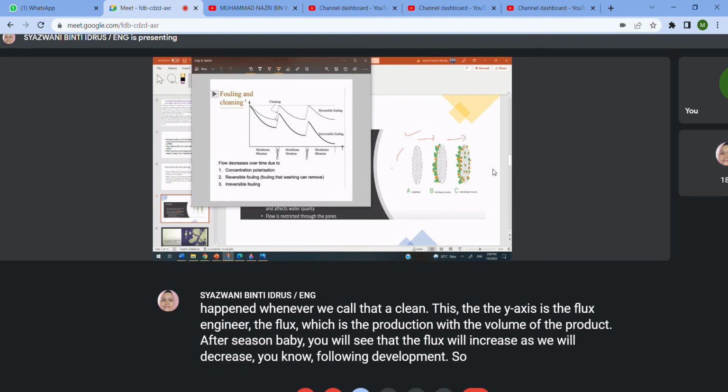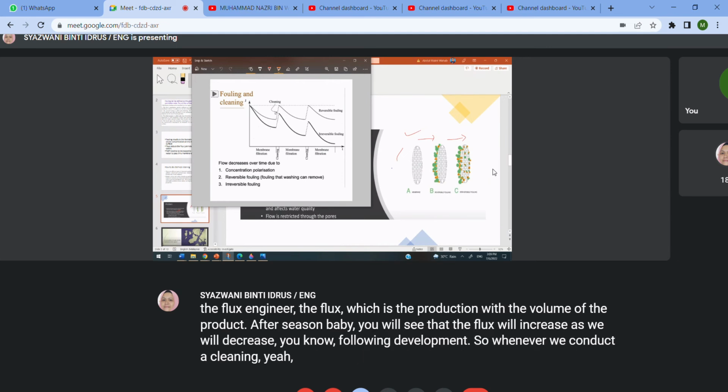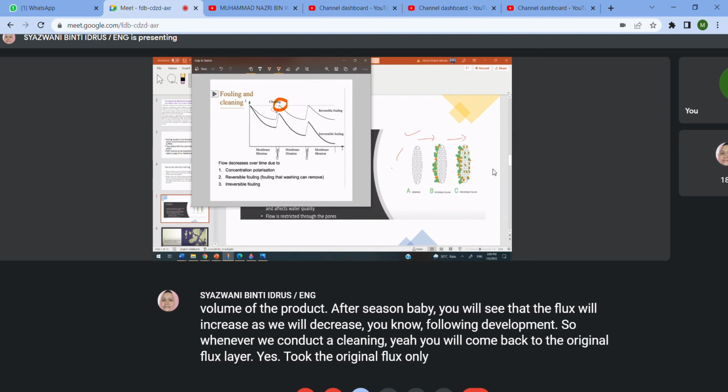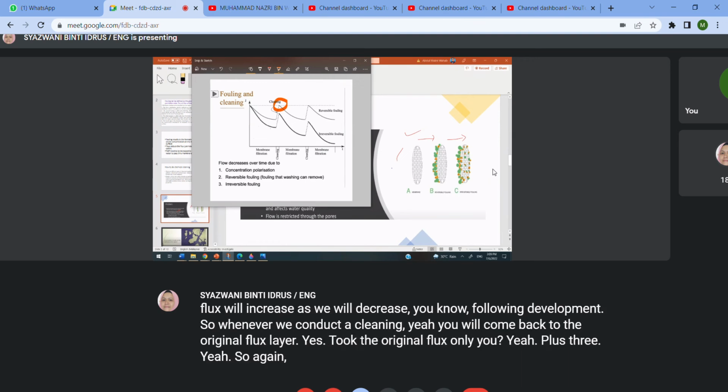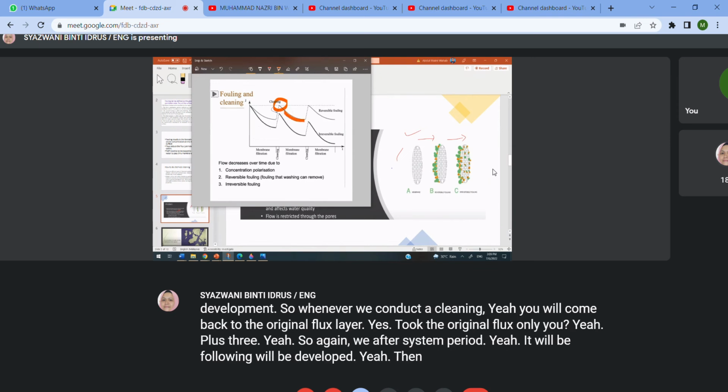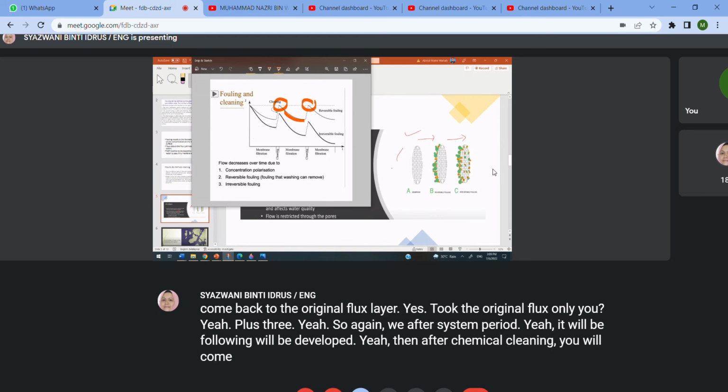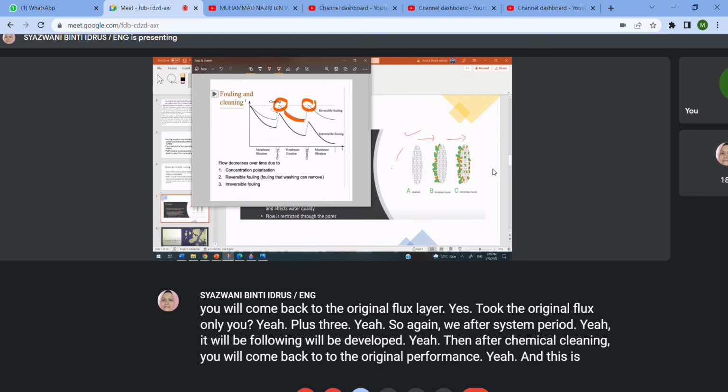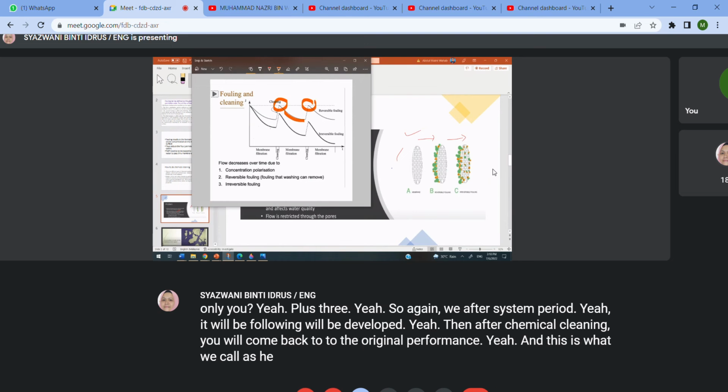Whenever we conduct a cleaning, it will come back to the original flux rate. Again, after a certain period fouling will develop, then after chemical cleaning it will come back to the original performance. And this is what we call reversible fouling.